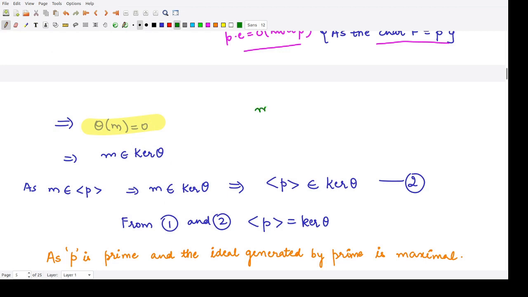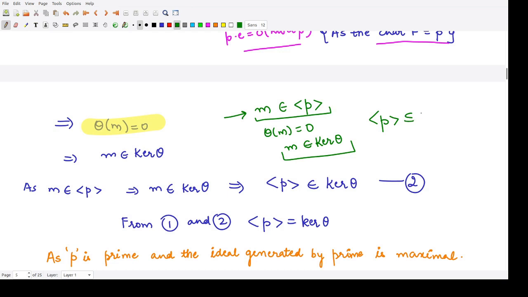So you took some element from the ideal generated by P, and because theta of M is equal to 0, this element M would belong to the kernel of theta. So you started with M belonging to the ideal generated by P, and reached this particular thing. That means the ideal generated by P is contained in the kernel of theta. So this is what we have proved here.